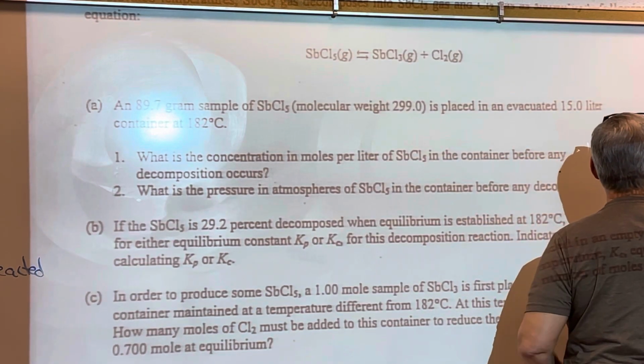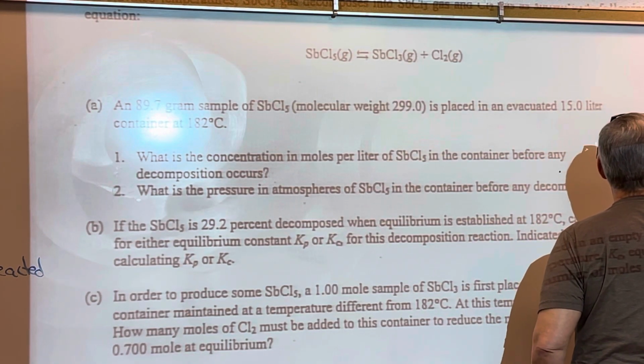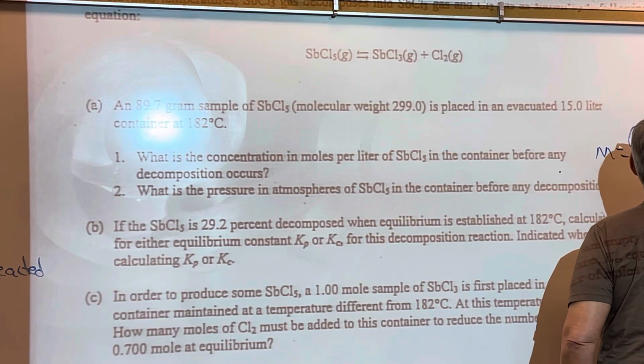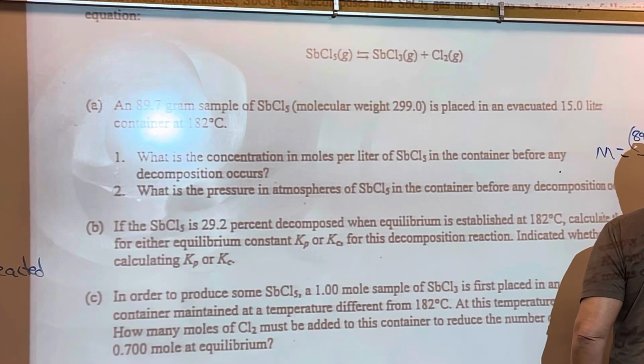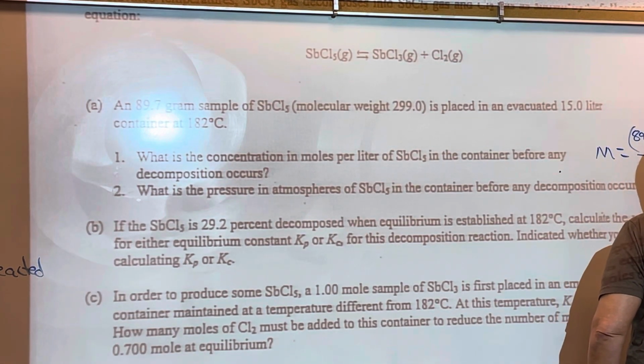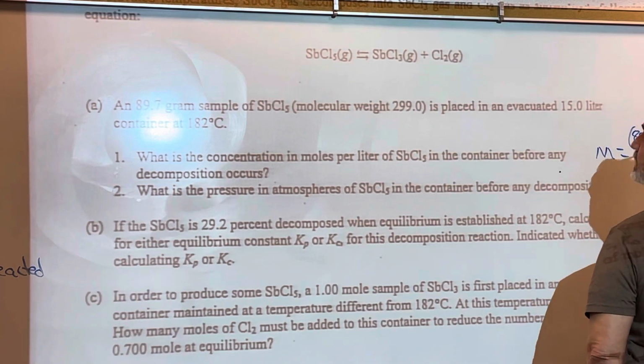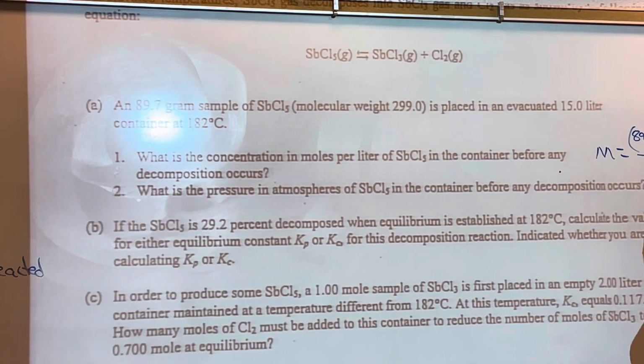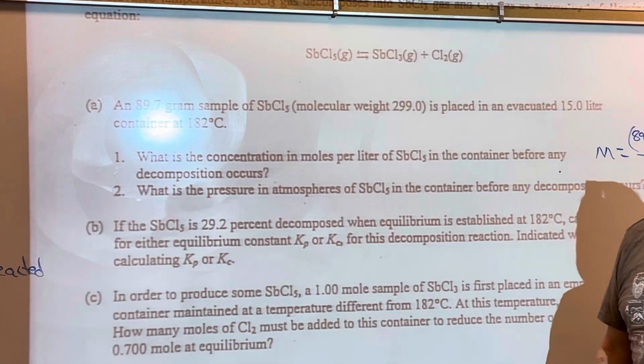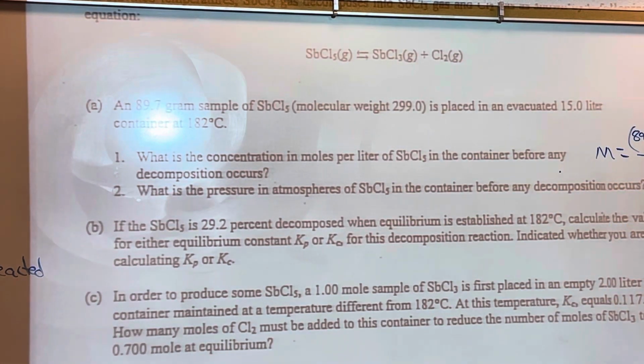Now the pressure can be MRT. So it can equal 0.0200 times 0.0821 times the temperature of 182, but what unit must that be in? Kelvin. Which is equal to 455 K. So the pressure turns out to equal 0.747 atmospheres.